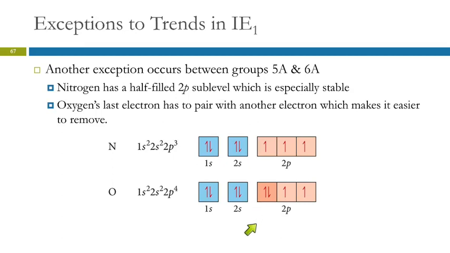So the reason that oxygen's first ionization energy is smaller is we're removing this electron. That electron is having to pair up with another electron. Not super happy about that, and so it's easier to remove that one than removing one of these. These are at the same energy level.